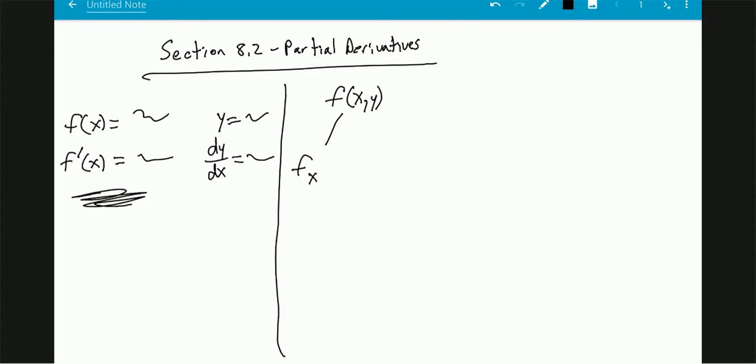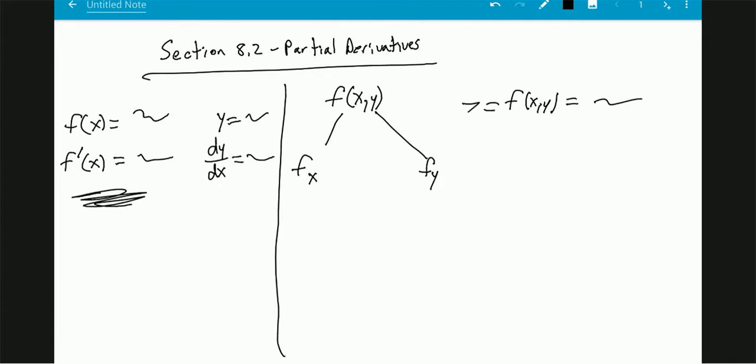Likewise, we could have the derivative with respect to y, so that would be f sub y. Again, there's two different variables now, so you have two different first derivatives. In the other notation over here, instead of y equal, we'd typically see they'll still use f of x comma y in our book equals whatever.